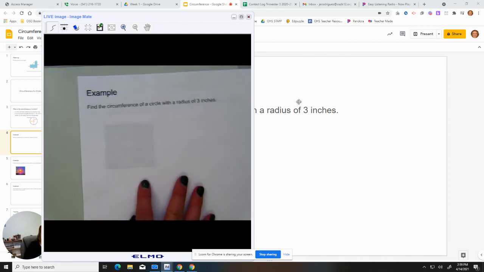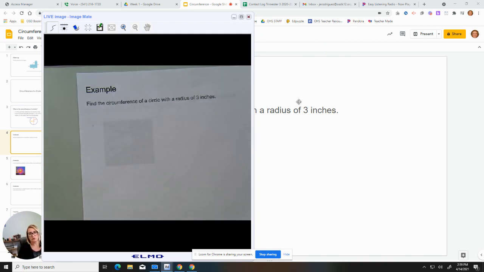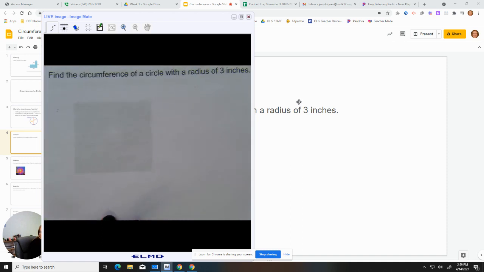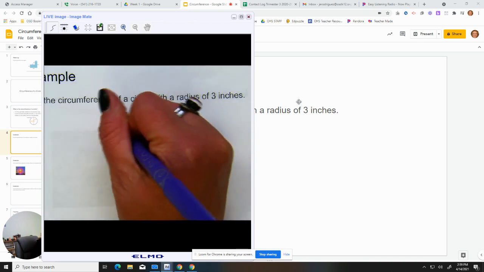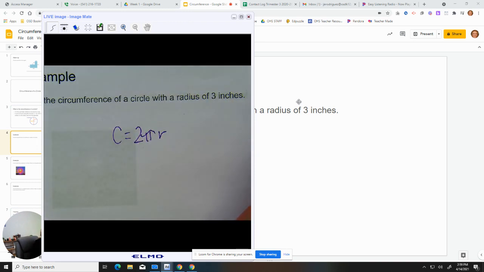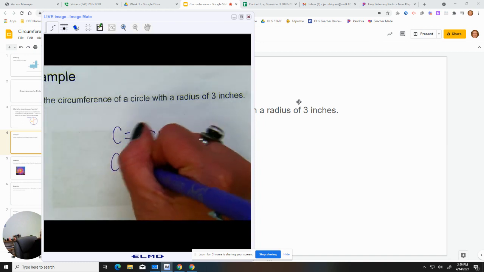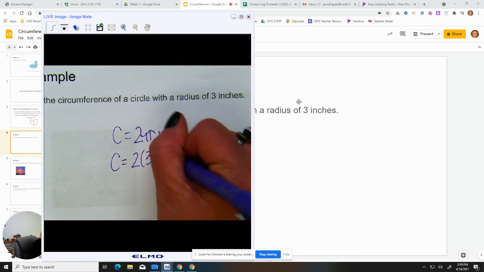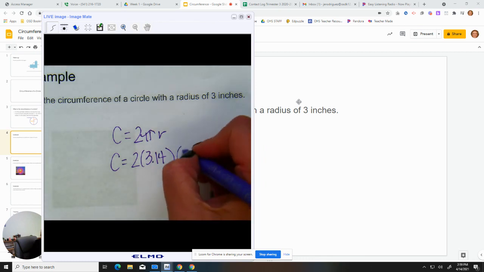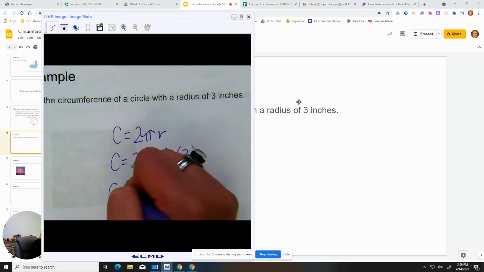This first one says, find the circumference of a circle with radius of 3. Let me zoom in a little bit. Because we have a radius, that means we are going to use the formula with a radius in it. And I'm going to go even further to replace pi by 3.14 and replace r now with 3.